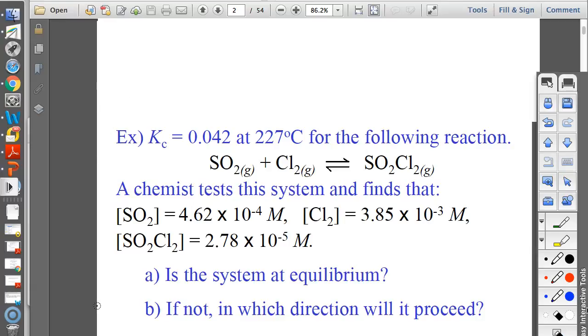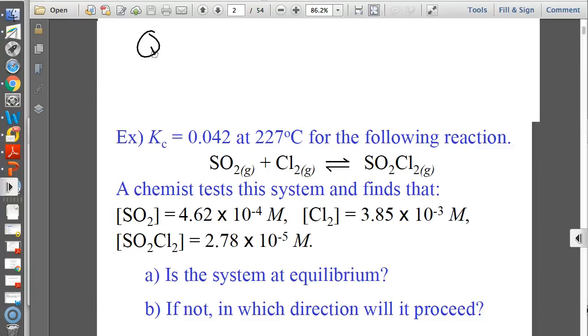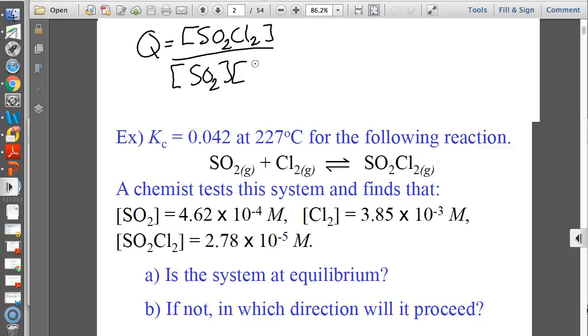We're going to write Q equals. Now, it just so happens that this reaction doesn't have any coefficients. If they did, of course, I would have exponents, right? Everything's the same.